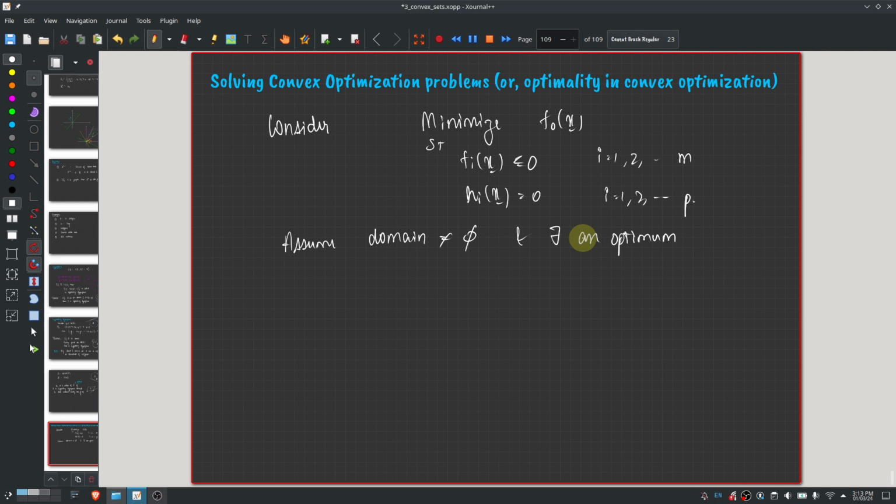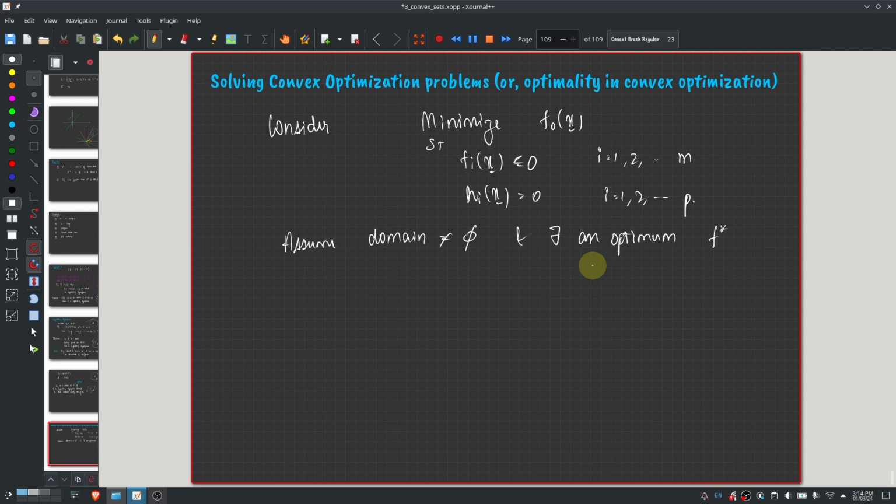So there exists some point x that satisfies these constraints and therefore also minimizes f0 of x. Let me call that f star, which is equal to the minimum. The minimum is achieved at some point. Our goal is to find out how we find this particular minimum for such a given optimization problem.